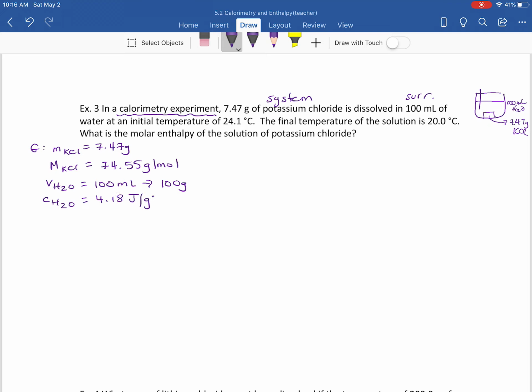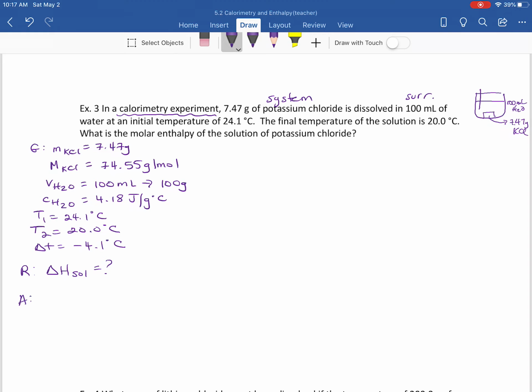The specific heat capacity of water is 4.18 joules per gram degrees Celsius. T1 is 24.1 degrees Celsius, T2 is 20 degrees Celsius, so delta T is T2 minus T1, which is negative 4.1 degrees Celsius. What are we looking for? We are looking for the molar enthalpy of solution.